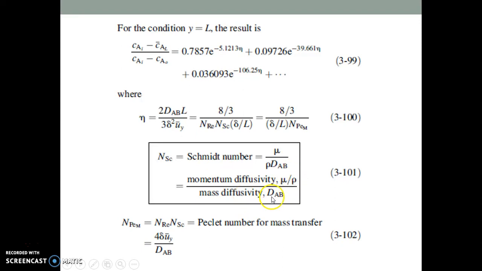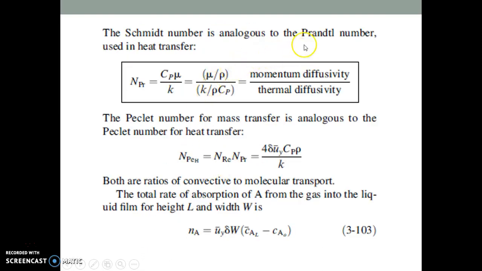And the Peclet number for mass transfer is equal to the Reynolds number multiplied by the Schmidt number. The Schmidt number is analogous to the Prandtl number, where the Prandtl number is the momentum diffusivity over the thermal diffusivity, and the Peclet number for mass transfer is analogous to the Peclet number for heat transfer, where the Peclet number is equal to the Reynolds number multiplied by the Prandtl number. Then we will get this relation.